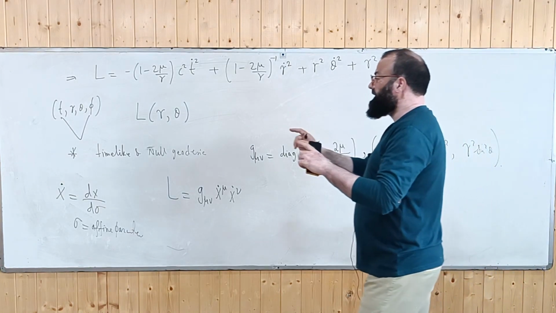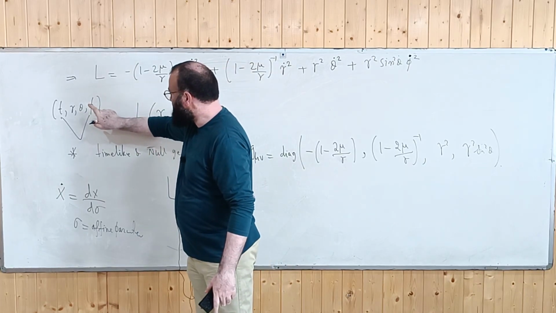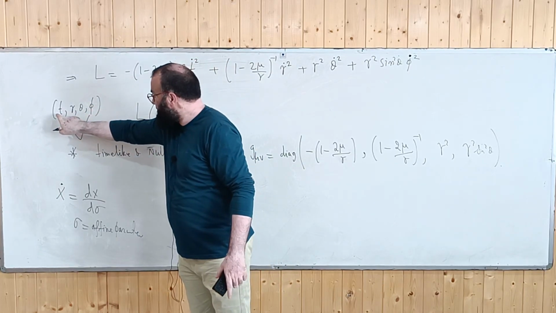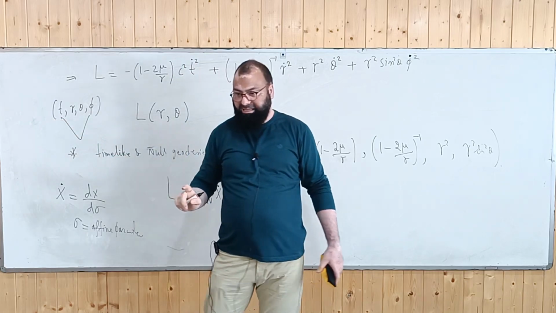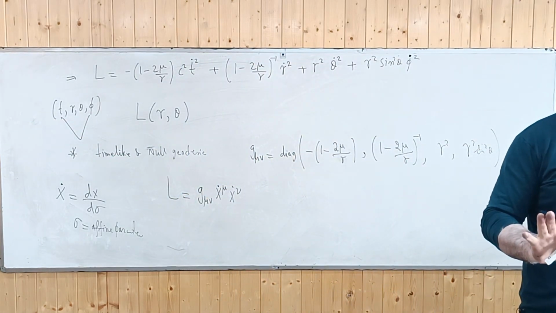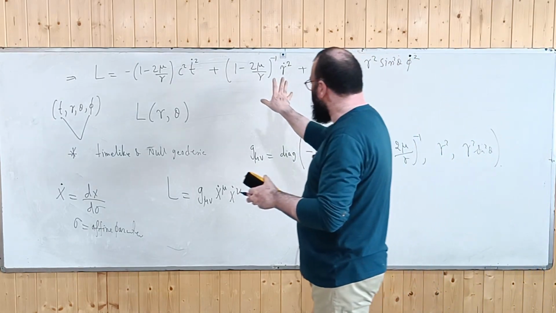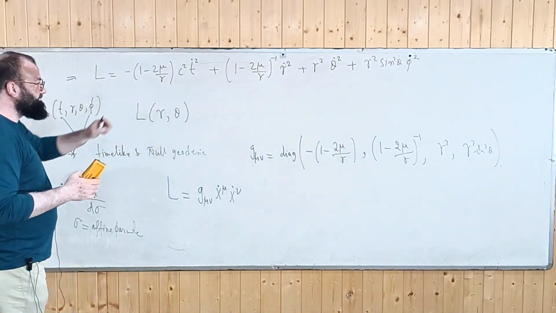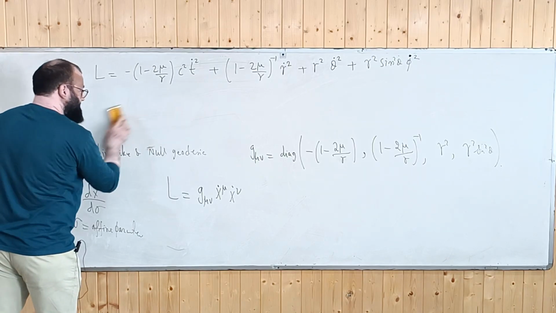So the conjugate momentum corresponding to phi should be conserved and the conjugate momentum corresponding to t should be conserved. We need to figure out what exactly those are and interpret these things. So let's first proceed. This was a simple observation here.